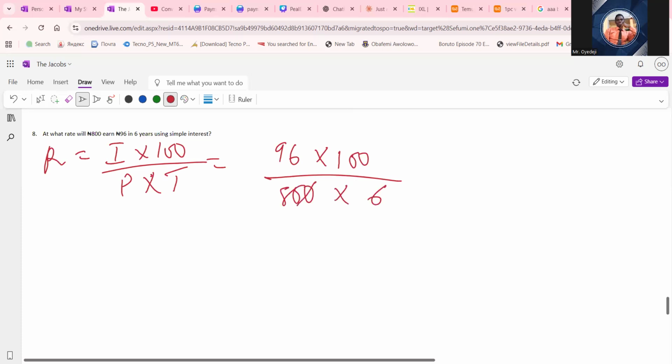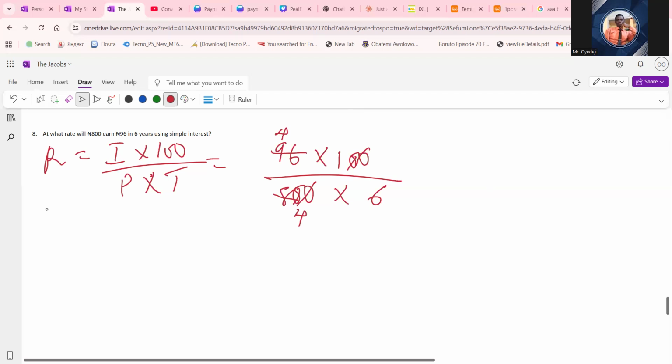0 cancels 0. This 0 cancels this also, 0. Don't stress yourself. Let's start from 2. 2 can go up and down, right? 2 can go here, 4. 2 can go in this also. That's 2 in 9 is 4.